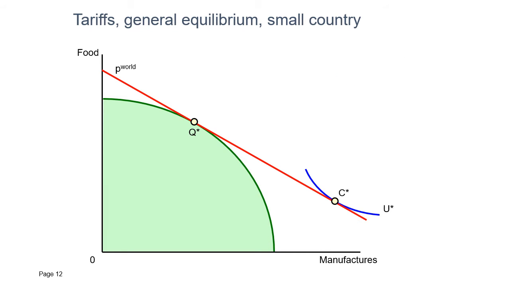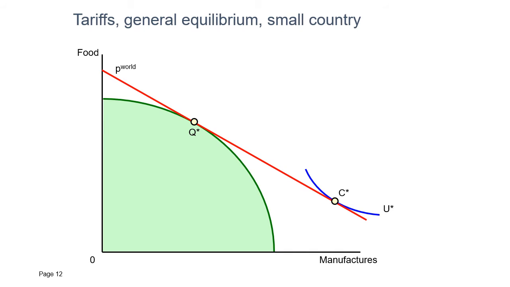There's a couple of things that you need to understand. A small country is usually a developing country, and a developing country is more likely to export a labor-intensive good and import a capital-intensive good. Hence we started at this equilibrium position, Q star, where we are producing more food relative to manufactures.